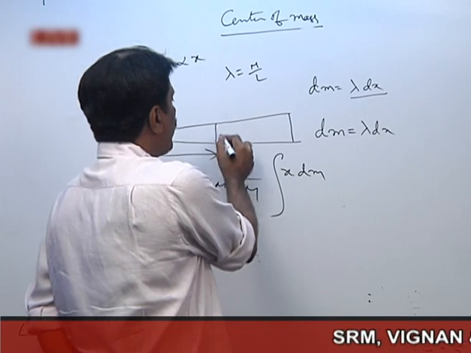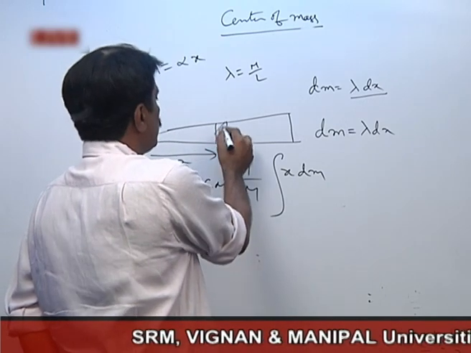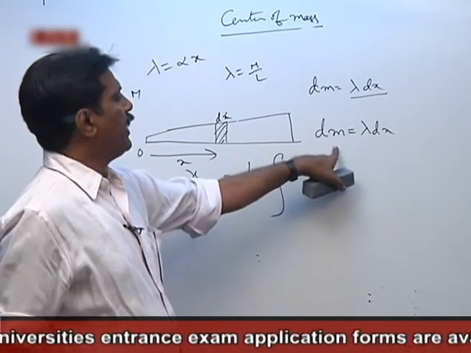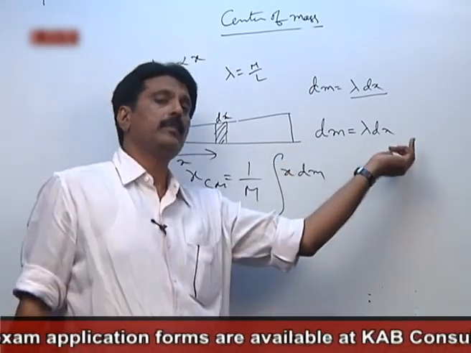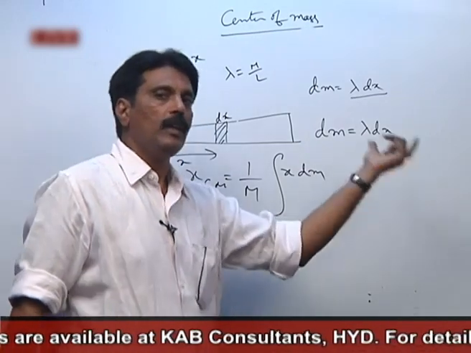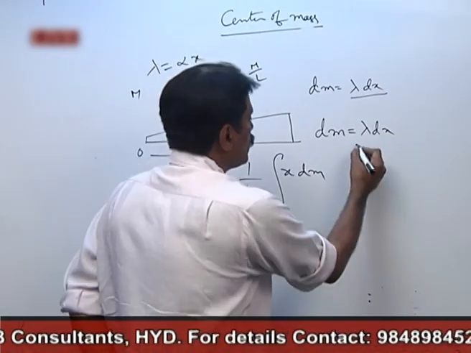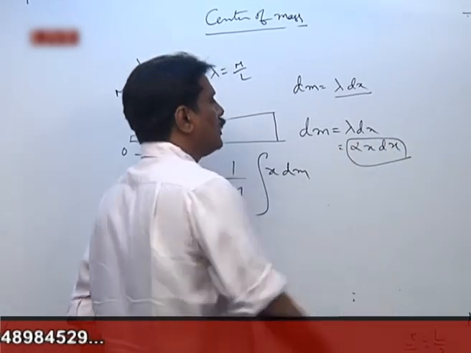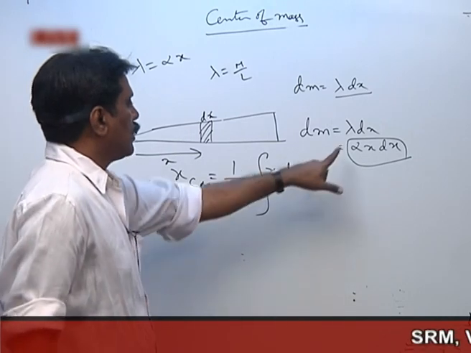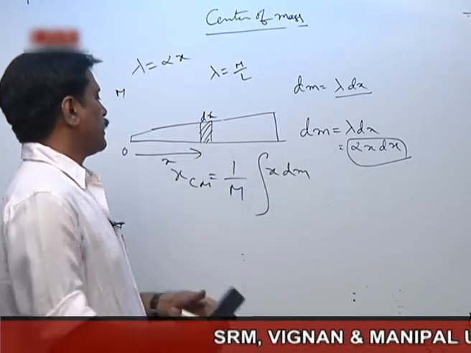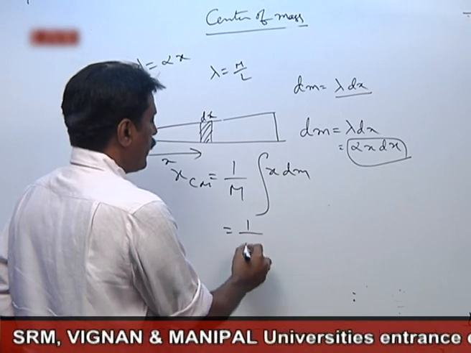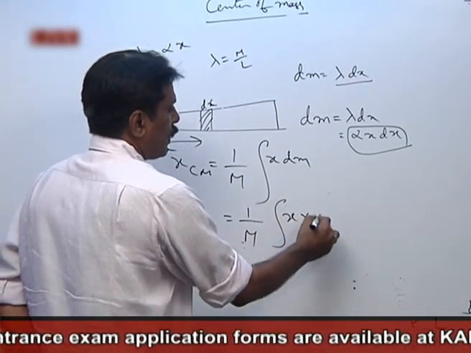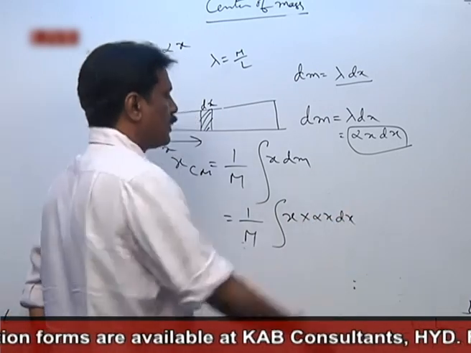You choose an element here which is at a distance x, thickness of the element is dx, then mass of the element dm is equal to mass per unit length into length of the element. So, this is equal to alpha x dx. This is the mass of this element. Then this will be equal to 1 by m integral x into alpha x dx.